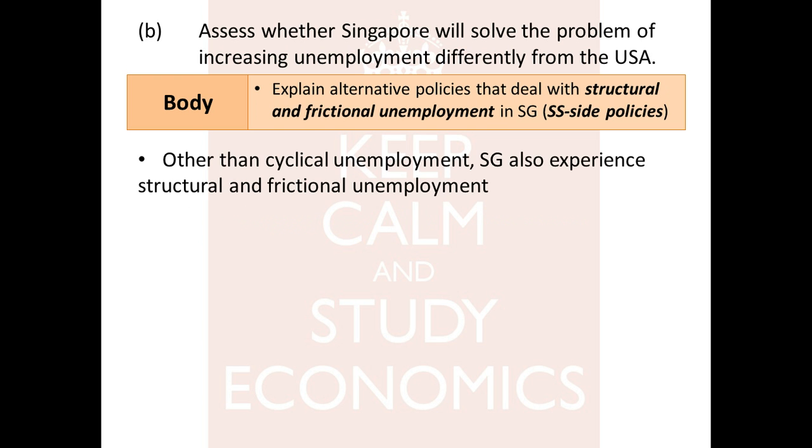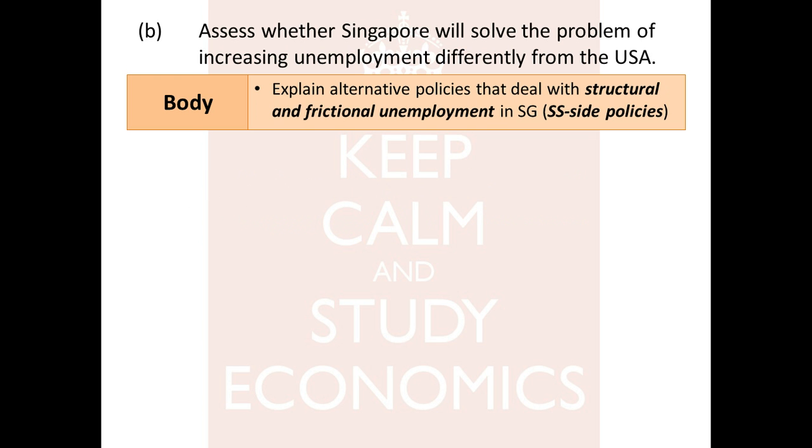Now, the next thing that we should do is to talk about alternative policies that deal with structural and frictional unemployment. Now, recall right at the start in your intro, you actually say that there are 3 types of unemployment in Singapore, right? So the exchange rate policy already dealt with the cyclical part.